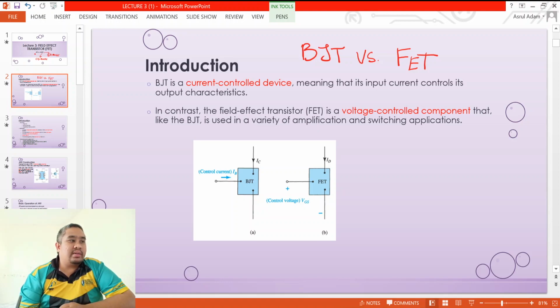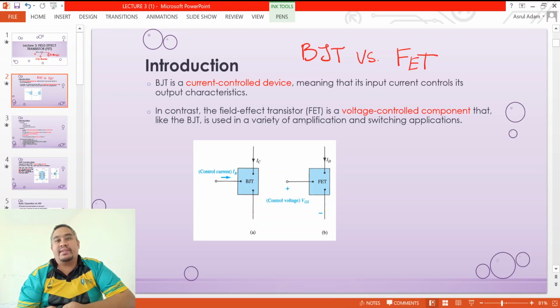But the FET, Field Effect Transistor, is a voltage control device. Like the BJT, it is used in a variety of applications, including switching applications.